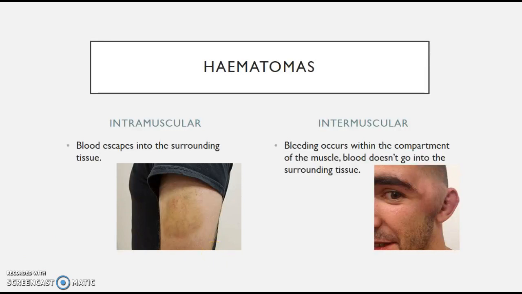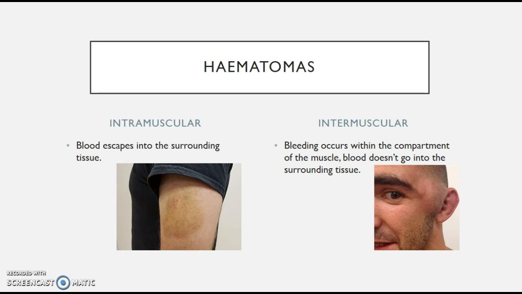So then we also have hematomas. We have intramuscular and intermuscular. Intermuscular is where there is an injury which then causes it to spread and cause a big bruise. This is because there is swelling and the blood is passing through.